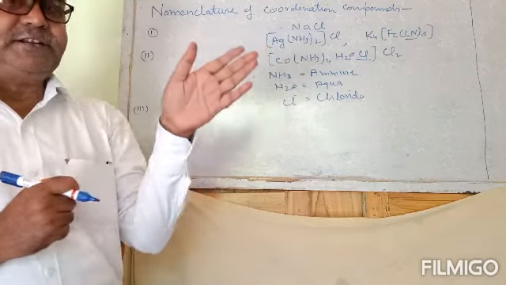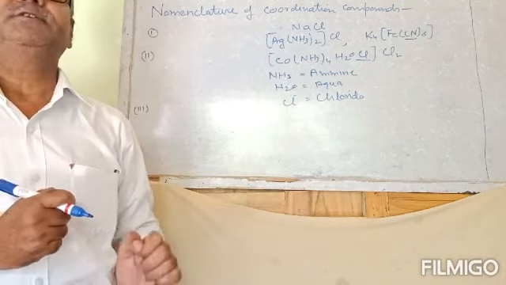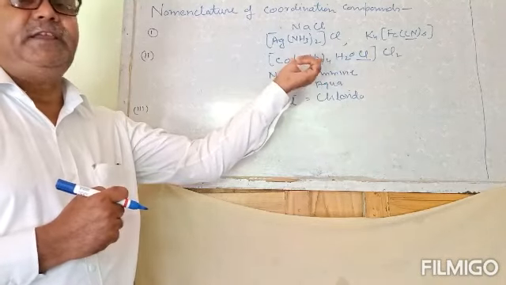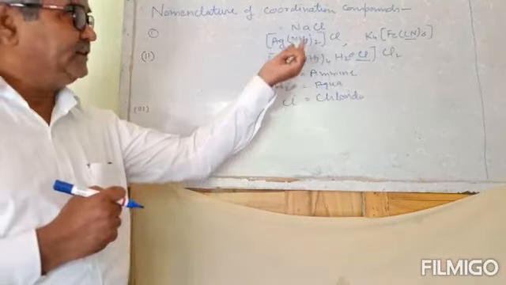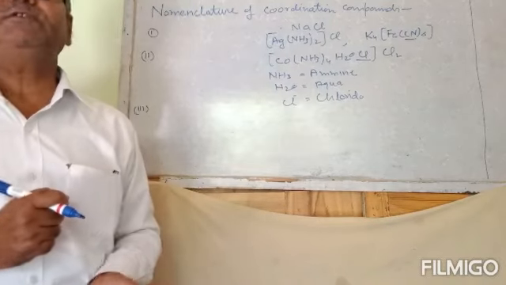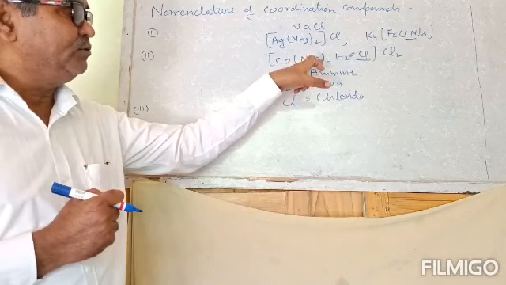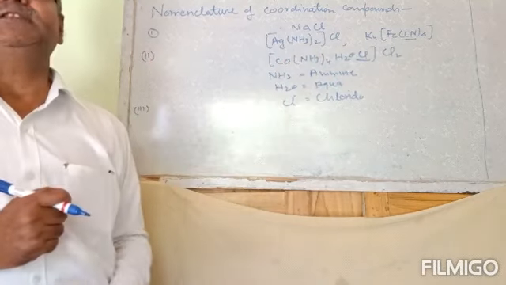Therefore, tetra will be used before amine. So it will be tetramine. If there are 3 molecules of ammonia, it will be triamine. If there are 2 molecules of ammonia, it will be diamine.